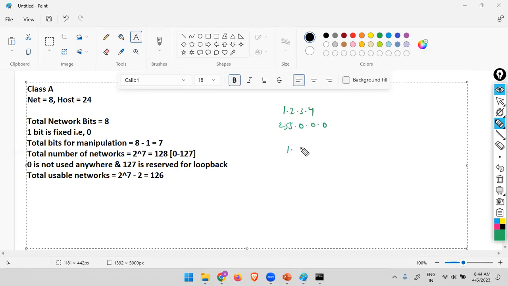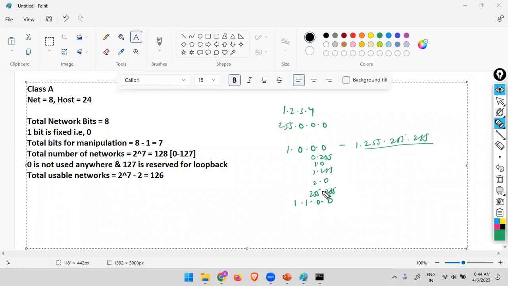That means the IP range will start from 1.0.0.0 till 1.255.255.255. This will become 0.255, then 1.0, then 1.255, then 2.0, then 1.0.0, 1.1.0.0, and so on.